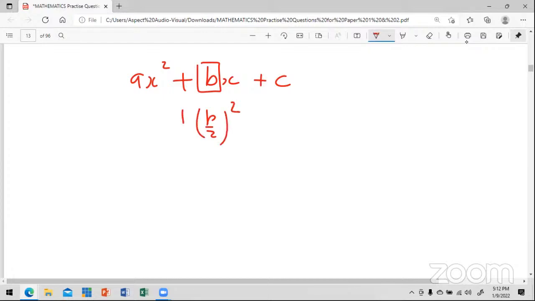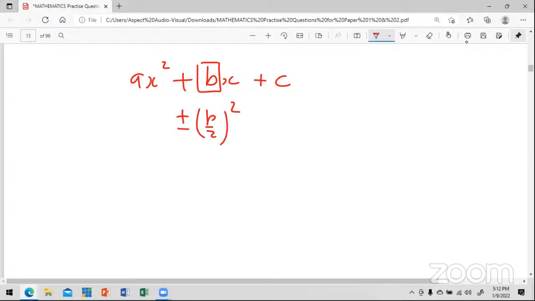Completing of squares. Yesterday, somebody asked, does it matter where you put the term that you are adding and subtracting? Yes, it matters. Remember yesterday I said, I give you 10 bucks, I take it back, it's as if I give you nothing. So how do I take out something that I haven't given you yet? You have to add first and then subtract. If you have ax squared plus bx plus c, b is your focus, b over 2 squared is the term that you add and subtract.